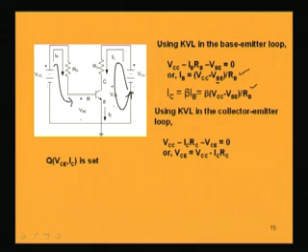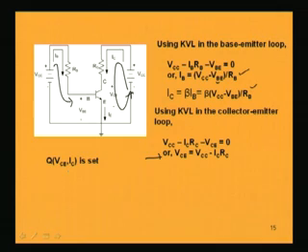I must start from the same point and end at the same point, that is a loop. So, from here I get VCE equal to VCC minus ICRC. This IC I have already calculated from the previous expression. So, now I know the value of VCE and the value of IC. So, I have now fixed my operating point Q.